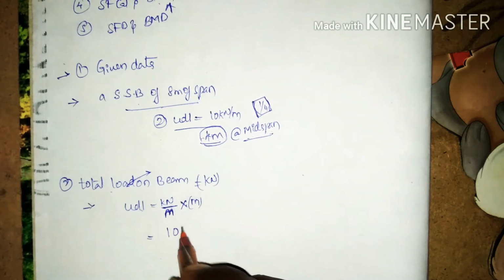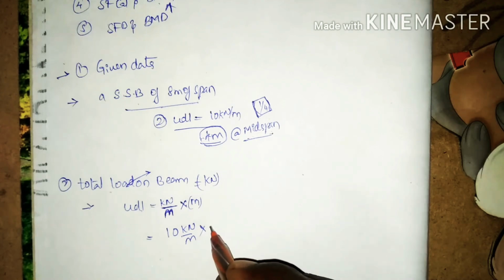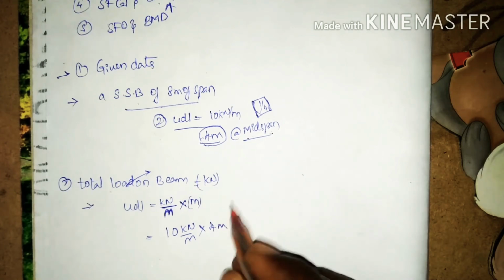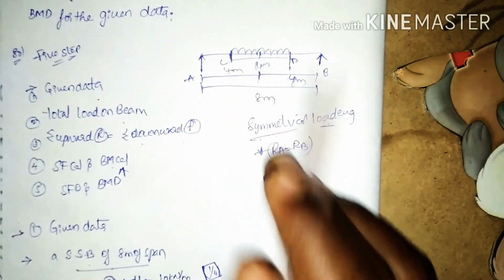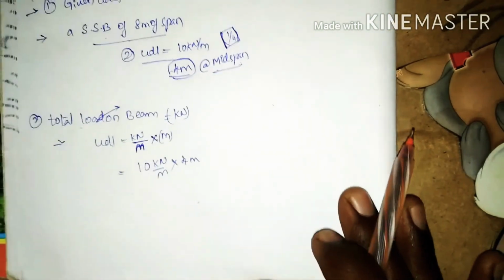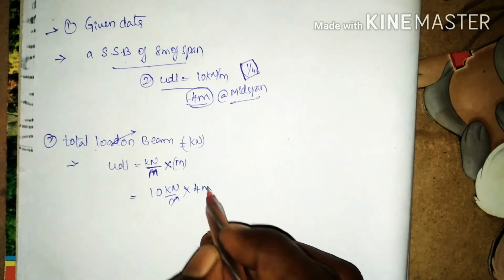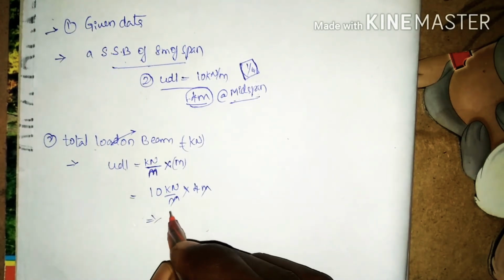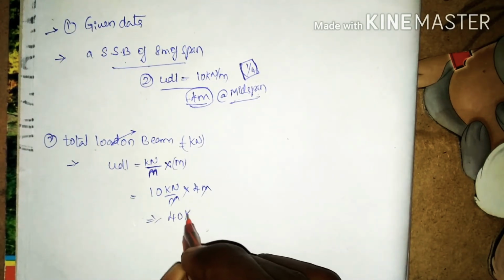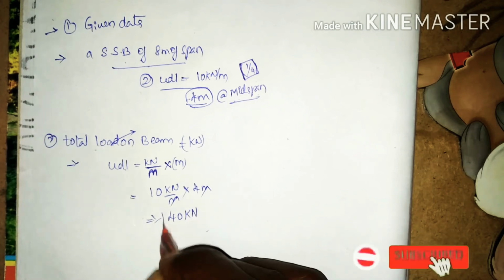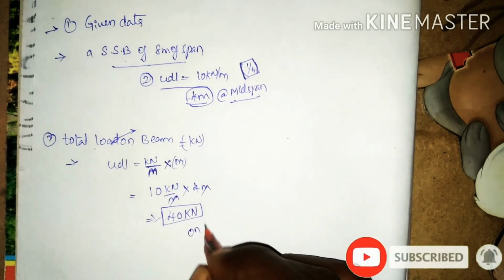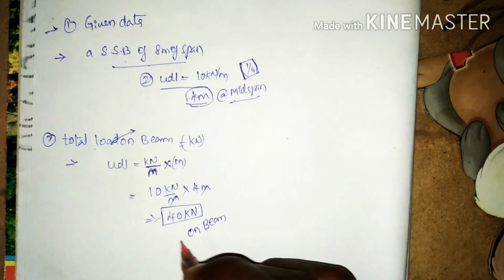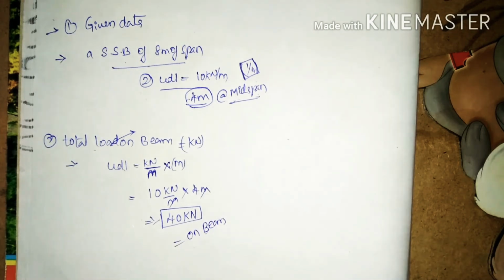We are having 10 kilonewton per meter acting for a span of 4 meters on the beam, so I am going to multiply by 4 meters. The meter cancels, and the load will be 40 kilonewtons. The total load on beam is equal to 40 kilonewtons.